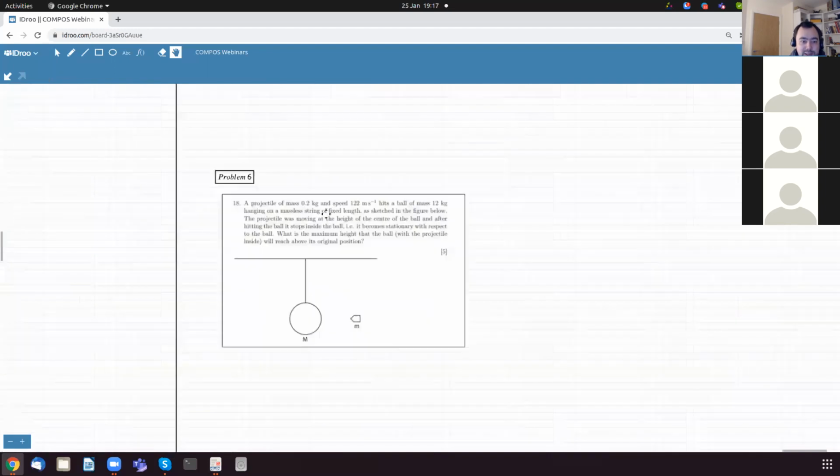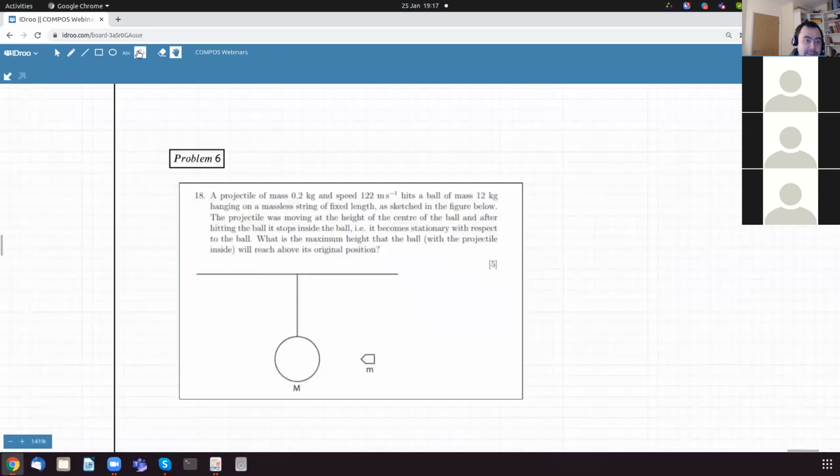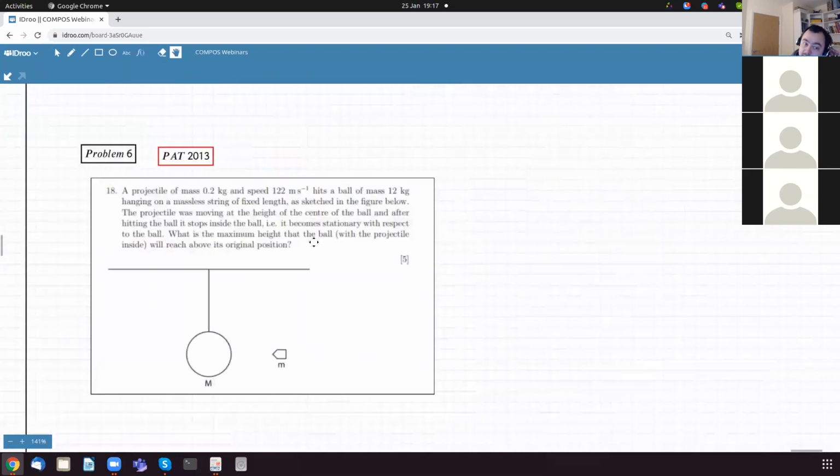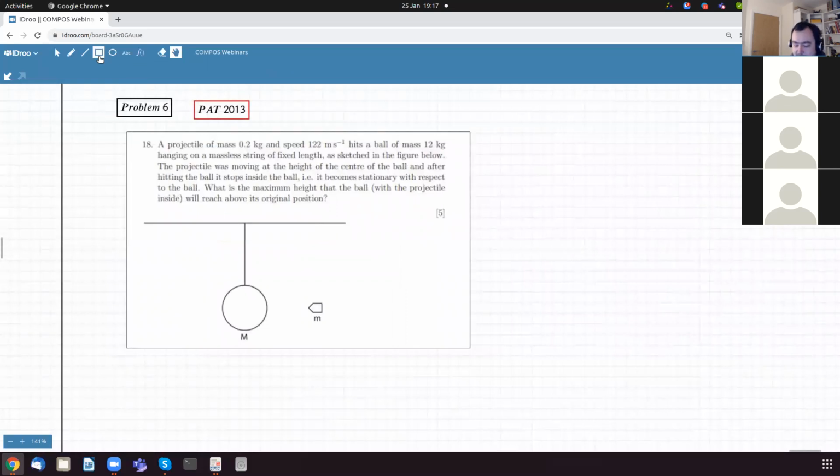And the last question, this is from Pat 2013. This question did not make it into the assignment because it contains kinetic and gravitational potential energy, which I didn't want to add, just for clarity.